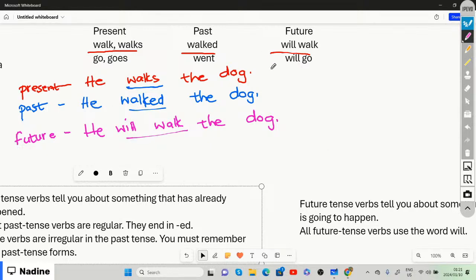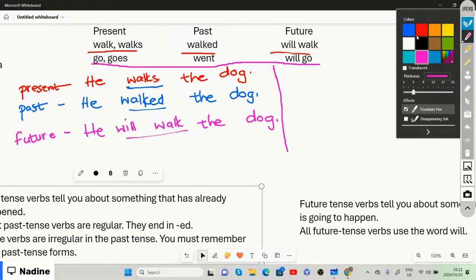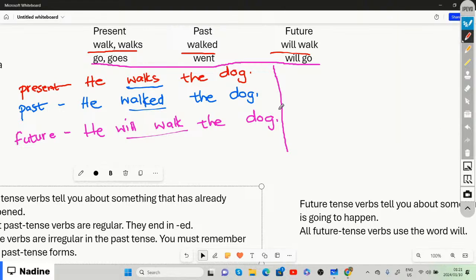All right, so now I'm going to write down sentences for these ones. I'm going to use the same colors to show the present tense, past tense, and future tense. Let's say they, in the present tense, they go to school.